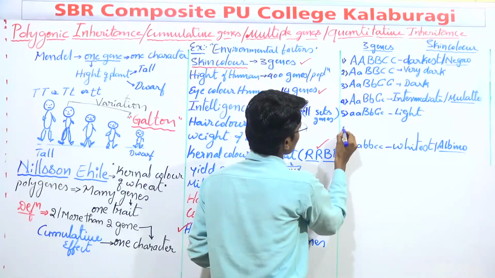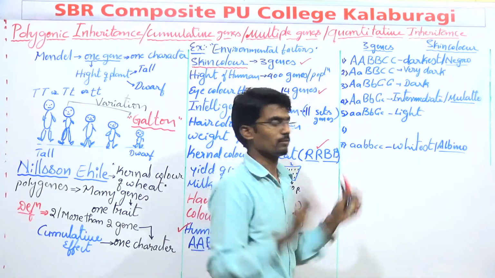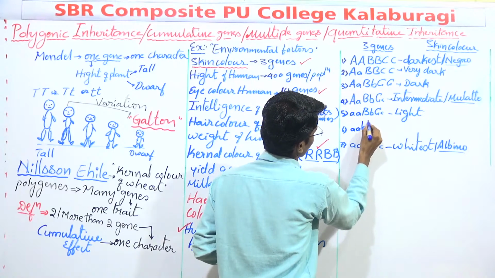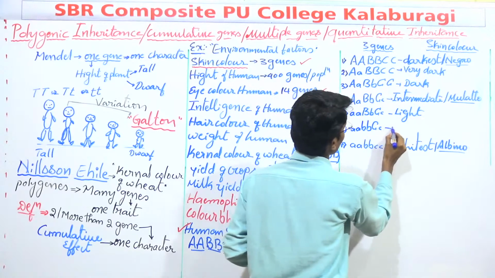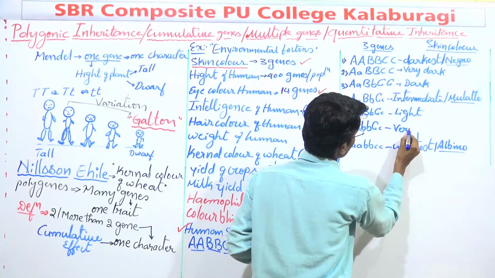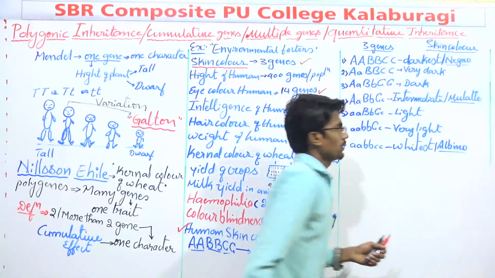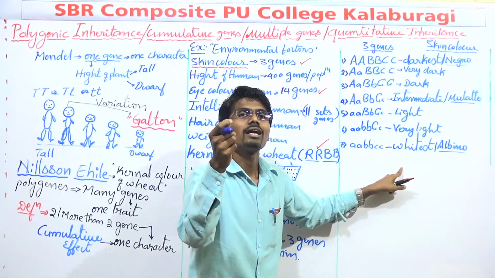Later, in the sixth case, if two genes are recessive, small a, small b, small c, capital C, small c, they are very light. They are not the whitest; they are white but a little dark.